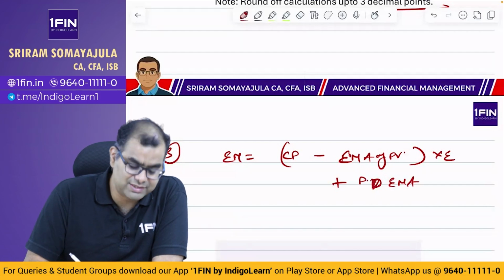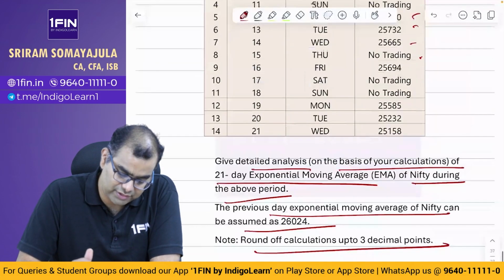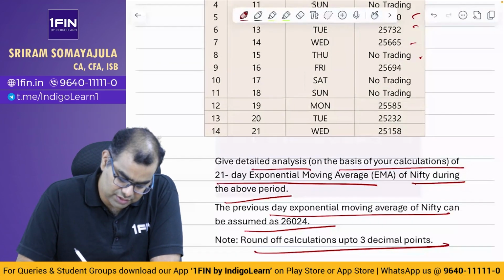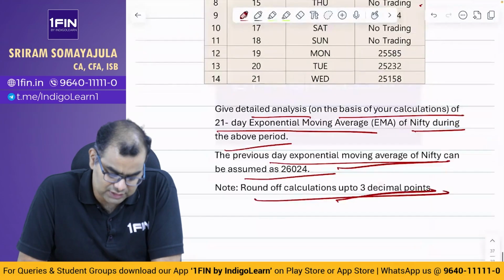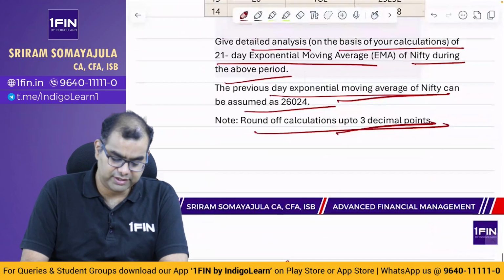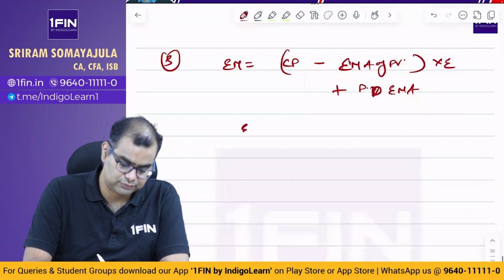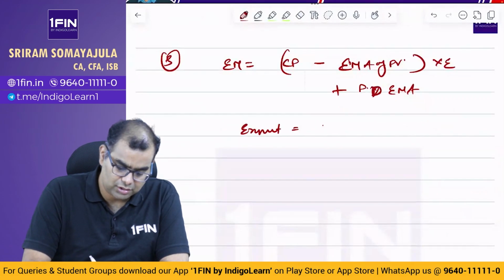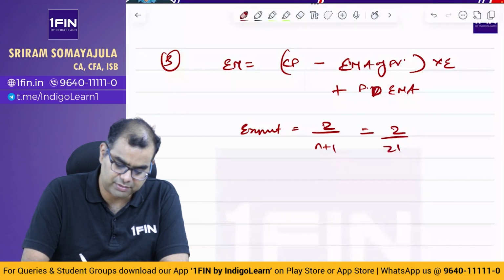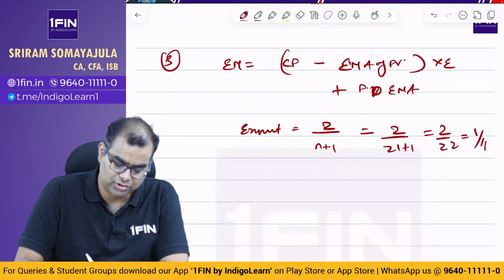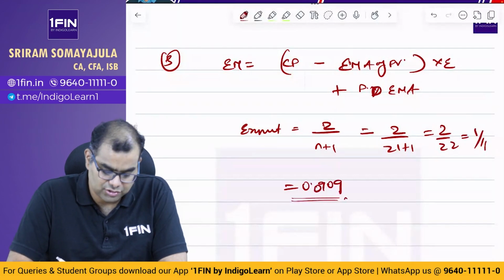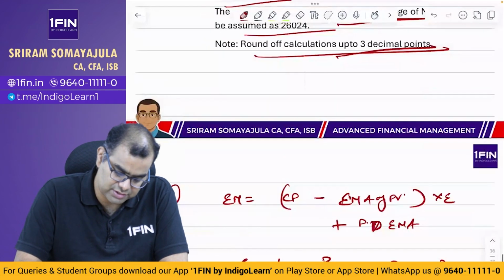Now what is this exponent value? 21-day exponential moving average. So exponent is equal to 2 by n plus 1. That is 2 by 21 plus 1, that is 2 by 22, that is 1 by 11, that is 0.0909. How many decimals did they say? 3 decimals. So 0.091.